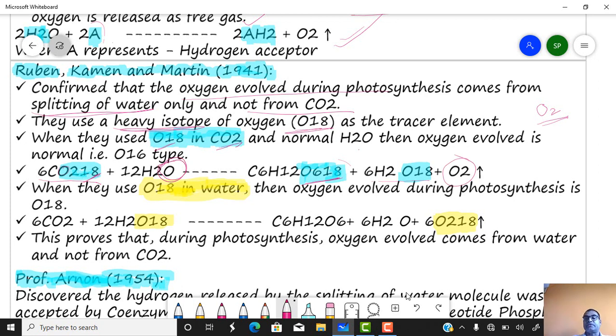When they used the O18 heavy isotope of oxygen in water, the oxygen evolved during photosynthesis was O18. Here the water molecule consists of O18 and the oxygen liberated is again O18. So this proves that during photosynthesis the oxygen evolved comes from water and not from carbon dioxide.